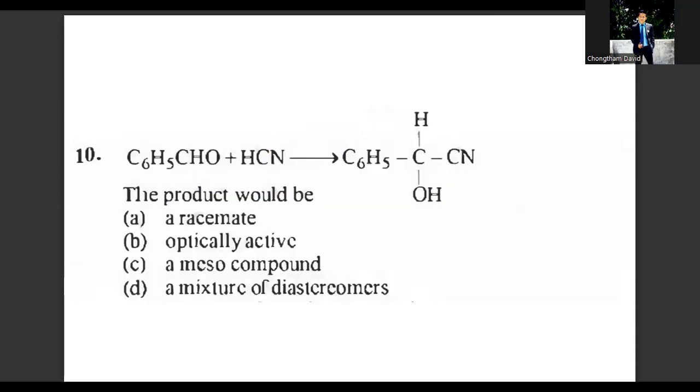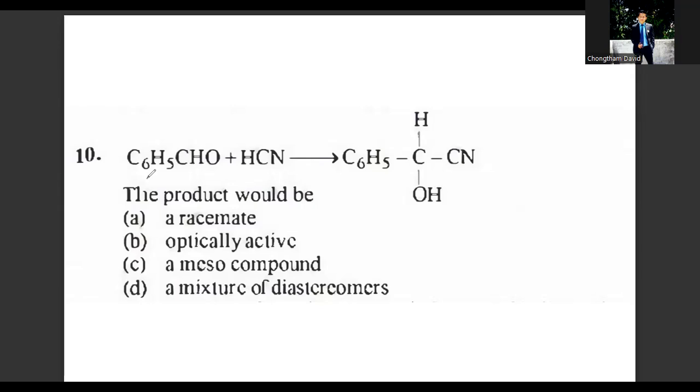Then let us see the next question. Yes, you are given an aldehyde. Can you name this aldehyde? It's your benzaldehyde, reacts with hydrogen cyanide. It gives cyanohydrin. Okay. So during this reaction, a chiral carbon is created, and further, this cyanide ion can attack the planar aldehyde group either from the top or from the bottom face of the aldehyde group with equal ease.